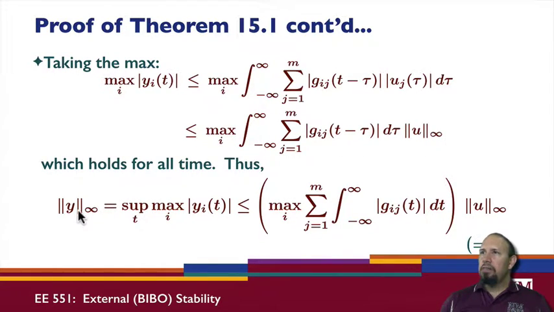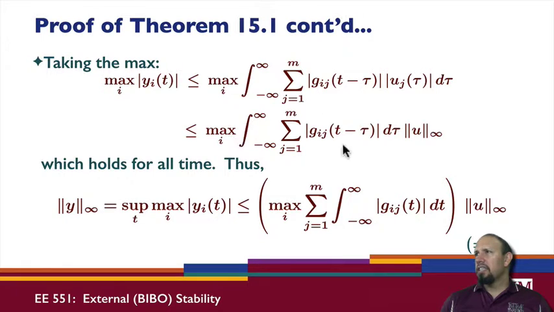And so this is actually the infinity norm of y at time t. The infinity norm over all of y is the infinity norm for each value of time all the way out to time equals infinity. And so that's the supremum over all time of this quantity, which is less than or equal to this quantity here.